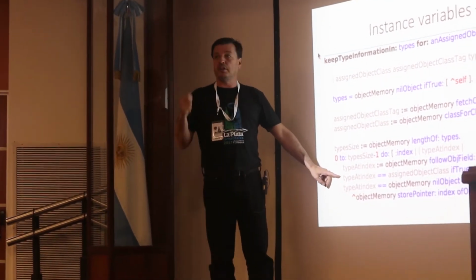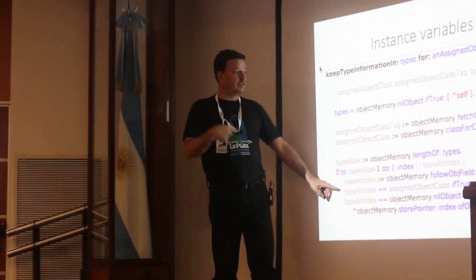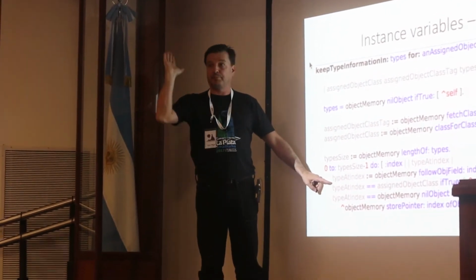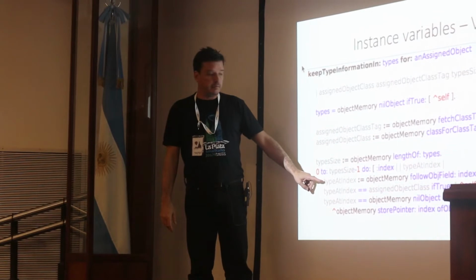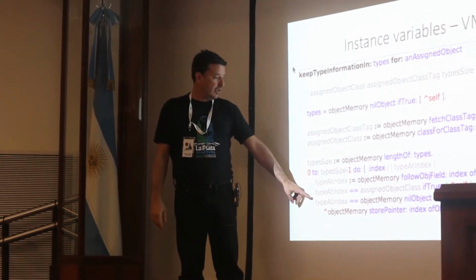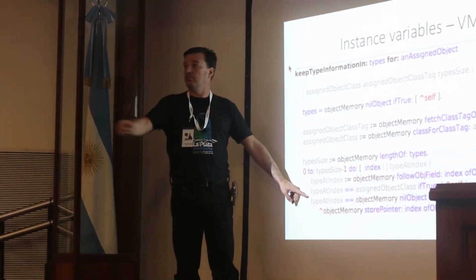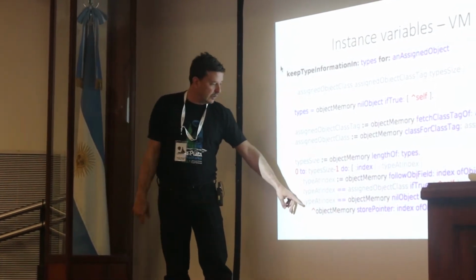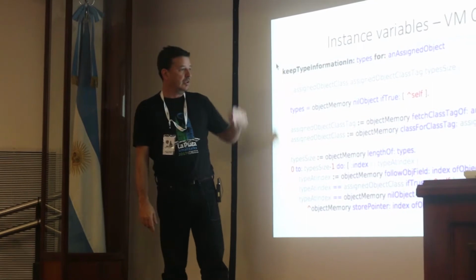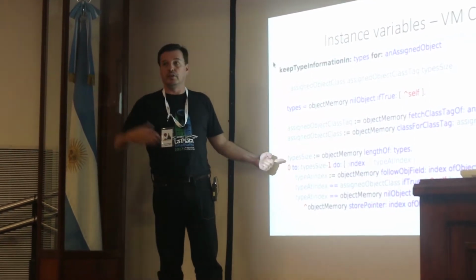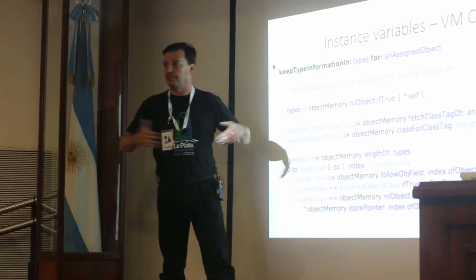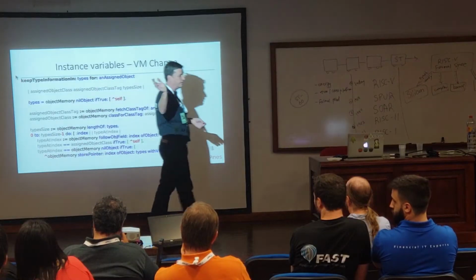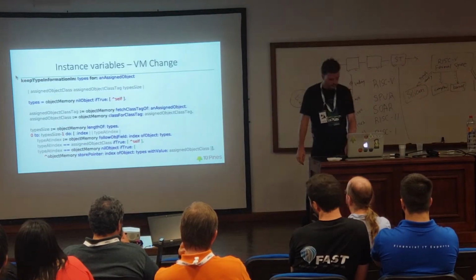If it's equal to the class that I'm already storing, it means that it's already in that array. We don't have to do anything. And if it is nil, it means that we found a place to put that class in that array. We put it and get out. And of course, if you get to the end of the array, nothing happens. That class is lost. It's not stored.